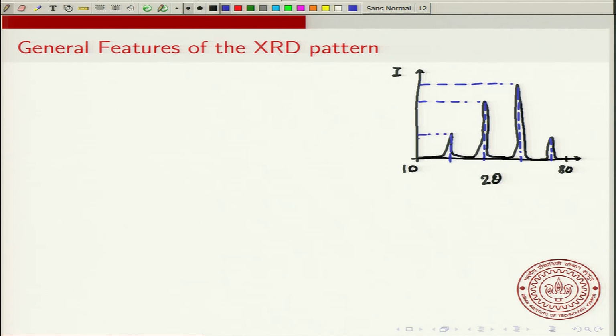What are the relative intensities of the different peaks? That is the other property of interest, and finally, the third property is related to the width of the peaks. So, you have the location, intensity and width of the peaks.